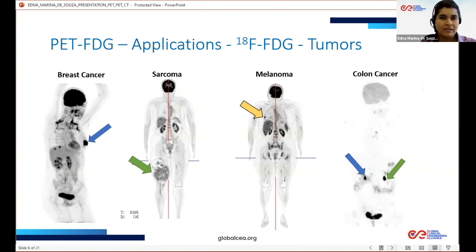Here we can see some examples of sarcoma, melanoma, colon cancer, and in these images, we have the contrast in inverted grayscale, where the regions of higher FDG uptake are darker. So we can see the lesions darker, the brain darker, because we have a high uptake of FDG in the brain in normal conditions. Next, please.